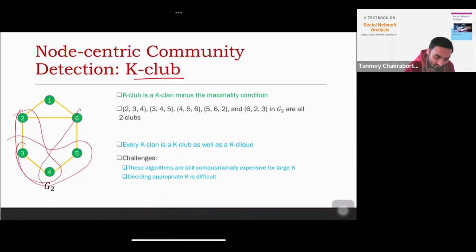This is also a 2-club, but none of them are 2-clan. Remember this. Only this one is a 2-clan, because the maximality condition is satisfied.